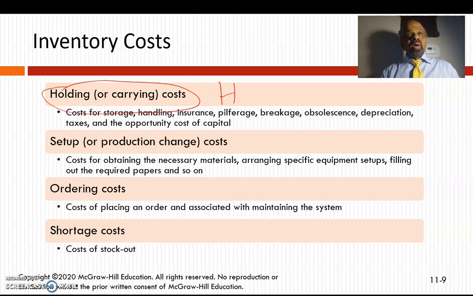And whenever we talk about time, it costs, basically. Ordering costs are costs of placing an order and maintaining the order. For instance, when you're doing a purchase order system, you're involving a lot of people. You're including the person who initiates a project, the manager of the initiated team.